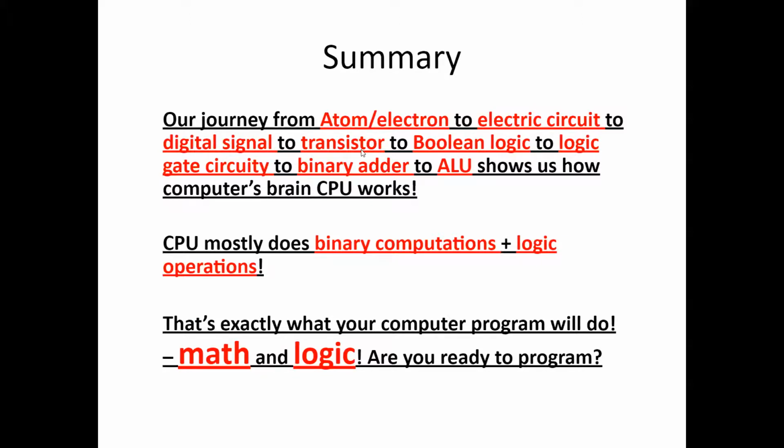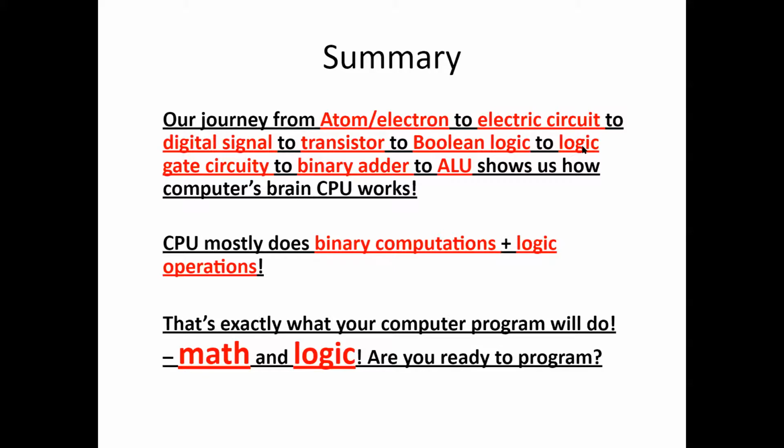And from the transistor, we went to Boolean logic. We could see how we can manipulate it using this Boolean logic. Then from our basis of Boolean logic, we saw how we could use logic gate circuitry to create more complicated logic gates.